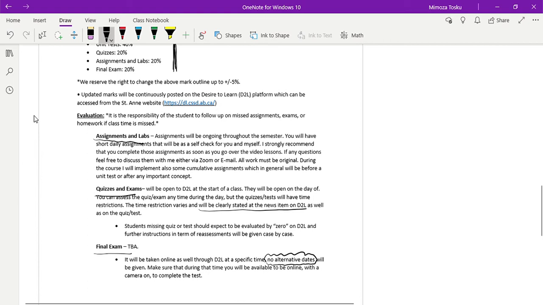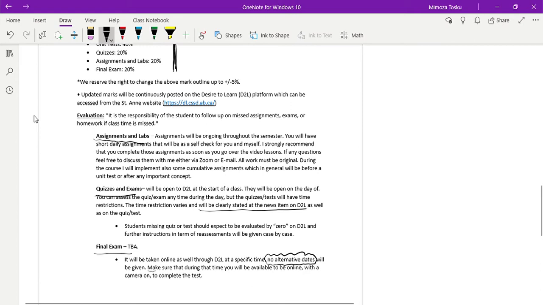It will be that day, so please, I will try to figure out as soon as possible the date for the final exam so that you block that time slot and do not miss it, because honestly there is no time to set up an alternative date for it, and I really recommend you make yourself available for that time.